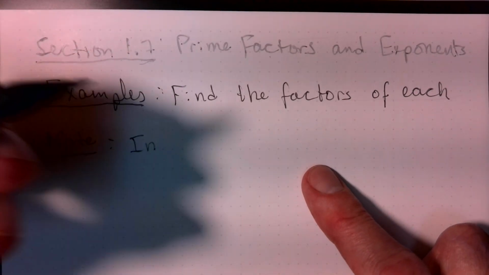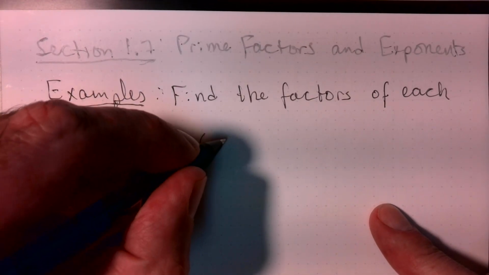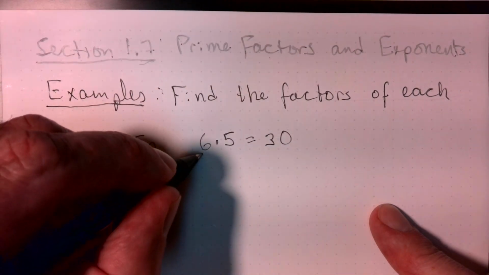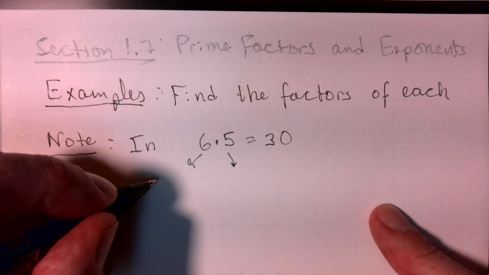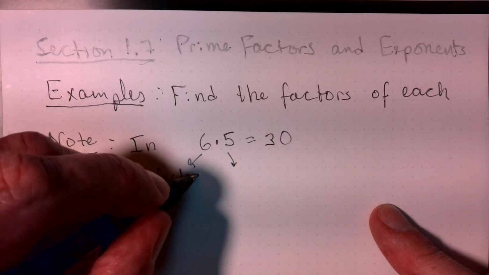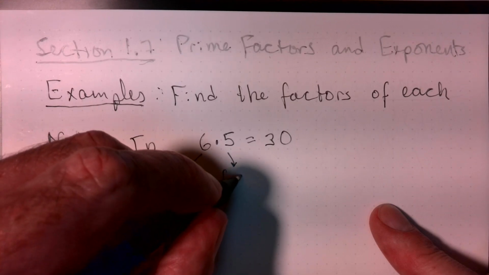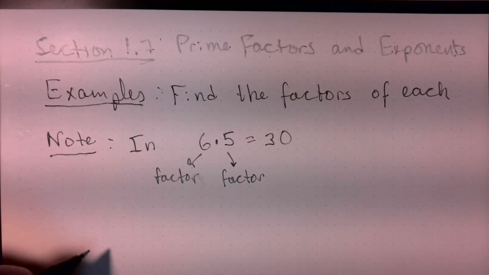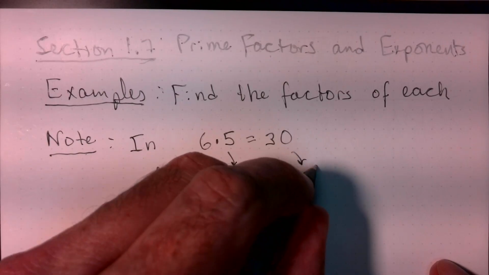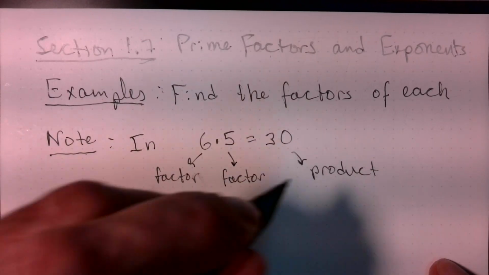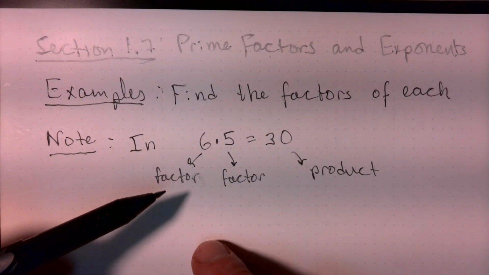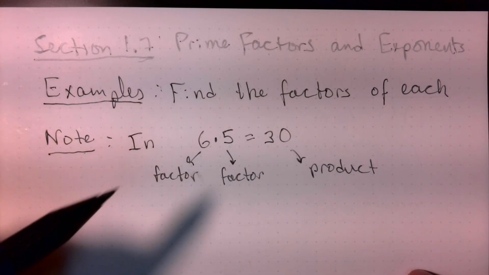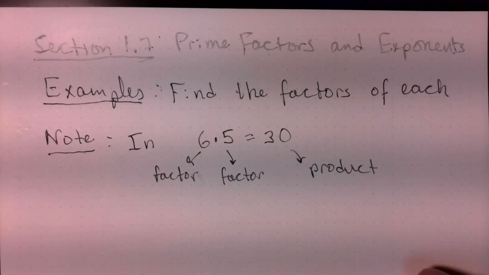So in an equation like this, 6 times 5 equals 30, these guys on the left are called factors. Okay, the 6 and the 5 are both called factors, and the 30 is called the product. So when we were working on multiplication, we would have the factors and try to find the product. Now we're going to go backwards. We're going to find the factors of these numbers here.